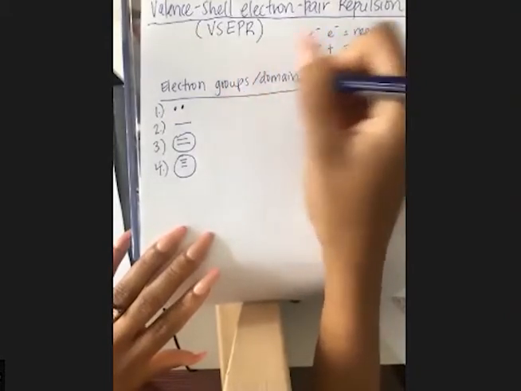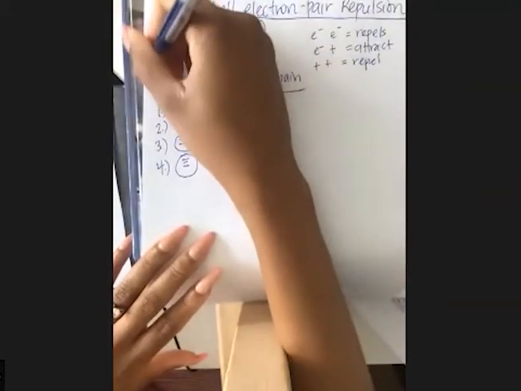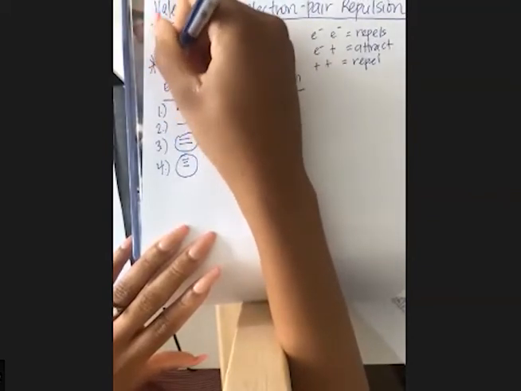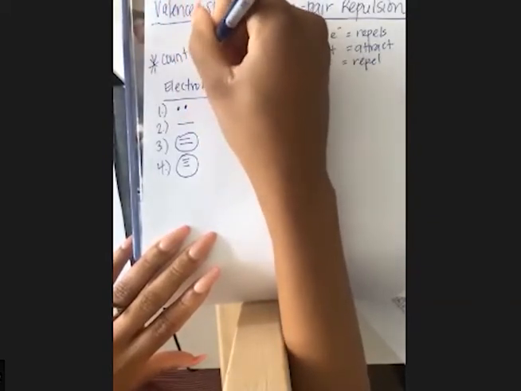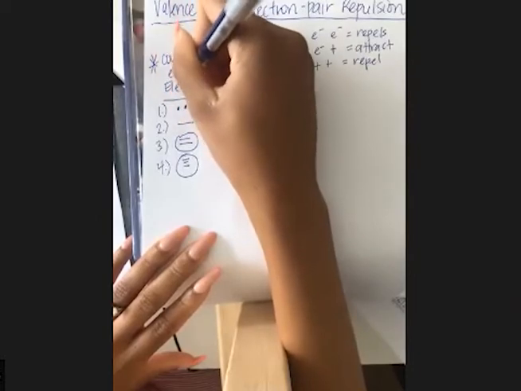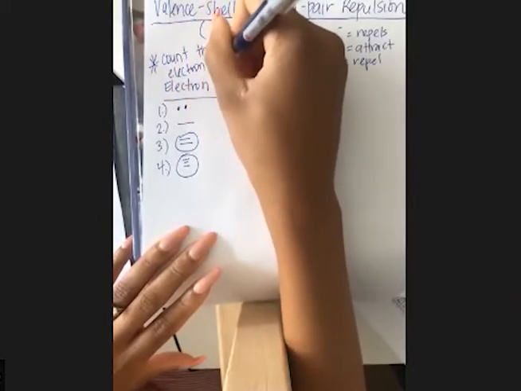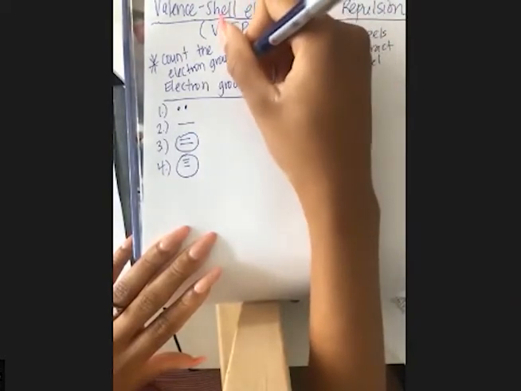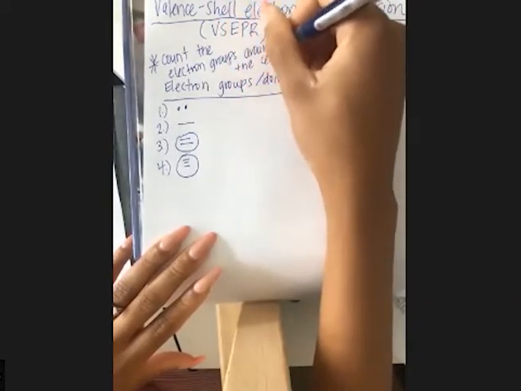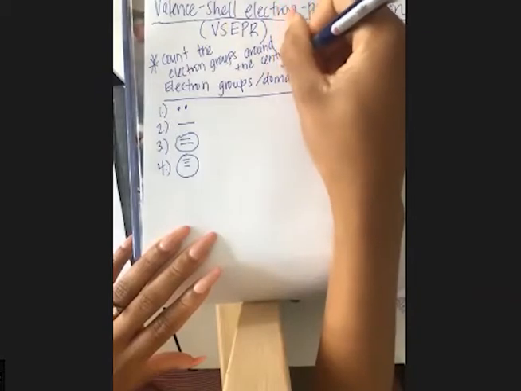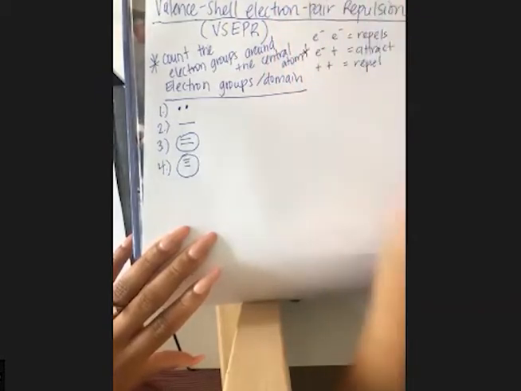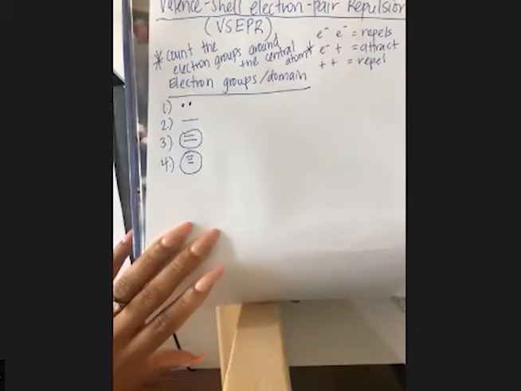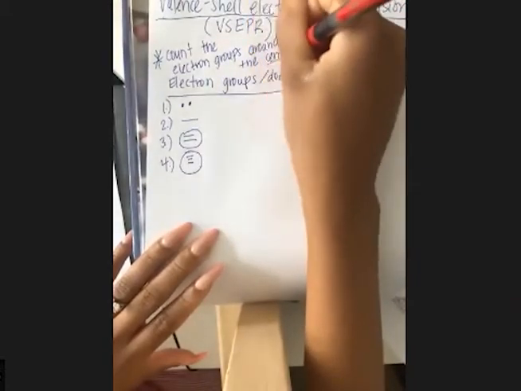So first off, the start is you have to count the electron groups around the central atom. That's the important part. It's around the central atom. We only care about the ones around the central atom.